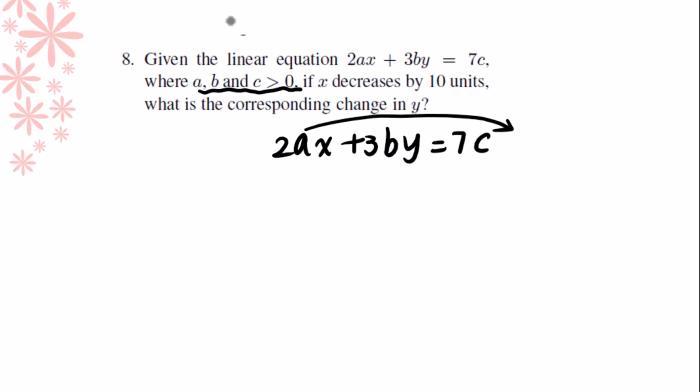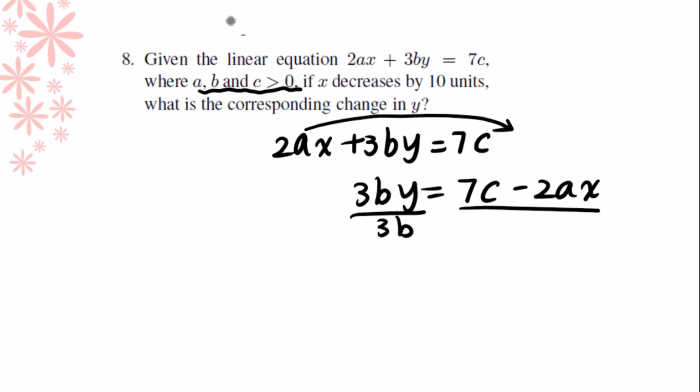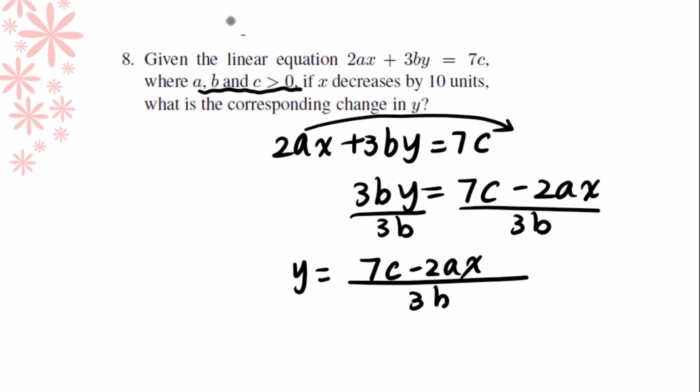Since this is a linear equation, we need to isolate the variable on one side. Cross the river, change the sign. 3by equals 7c minus 2ax. Then divide by 3b. Y equals (7c minus 2ax) over 3b.